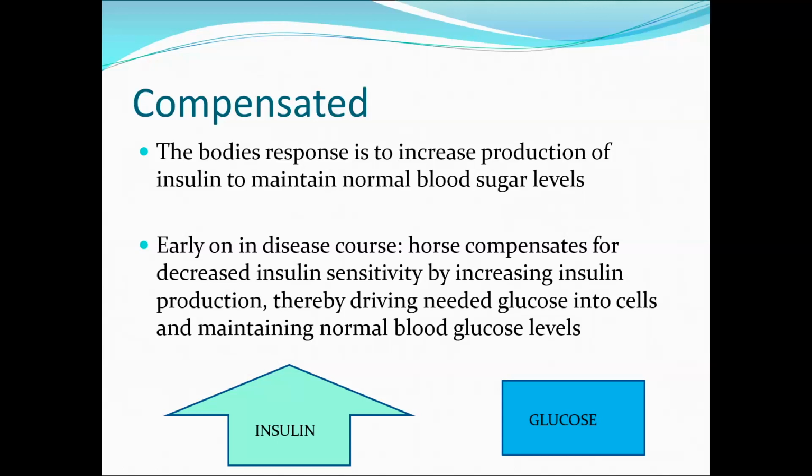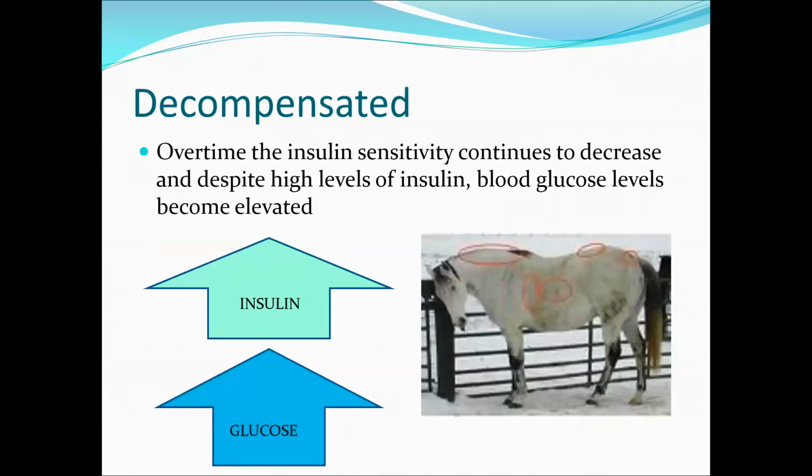So early on, the horse can compensate and just shoot out more insulin from its pancreas to help the glucose get into the cells. But over time, the cells become less and less responsive to that insulin, and the glucose levels in the blood continue to rise. That extra glucose becomes the problem.